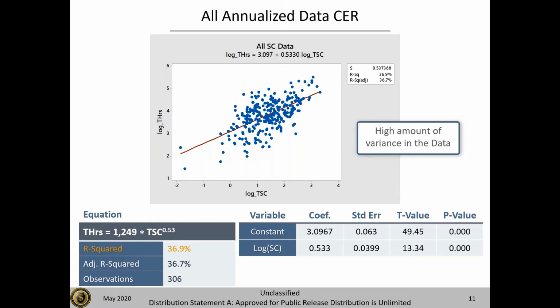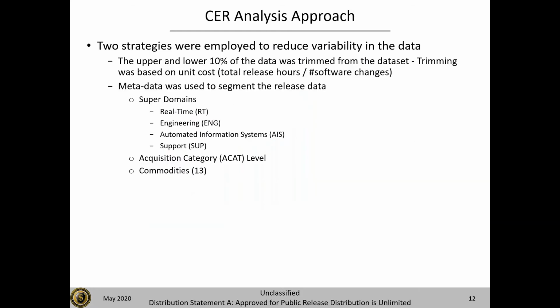If we take the data and annualize it, do the first CER on all the data set, obviously the R-squared here is not very good. It's 37%. Definitely not a CER that could be used. So the first strategy we employed to reduce the variability was to do some trimming of the upper and lower 10% of the data based on total cost.